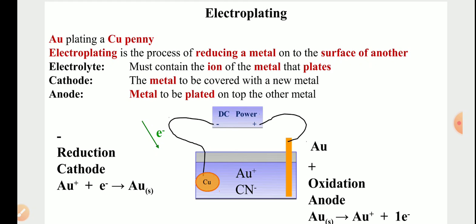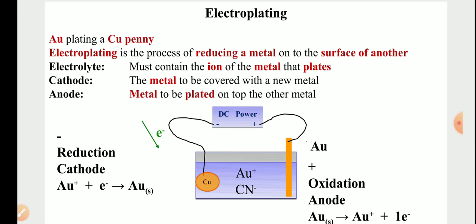So suppose you want to make a layer of gold on the surface of copper. Yes, we know that gold is non-reactive, but copper is reactive because it is very easily oxidized and produces cupric oxide.